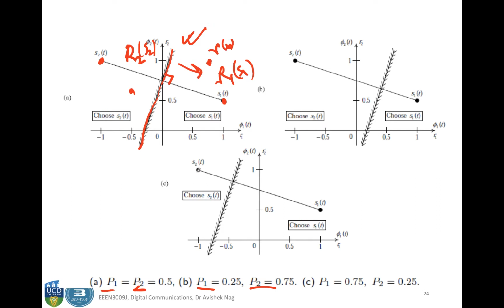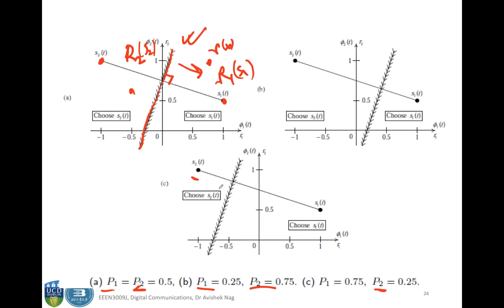So whichever signal has higher a priori probability, the line shifts away from that. In this case, the a priori probability of S2 is smaller. Whichever signal has smaller a priori probability, the line shifts towards that.